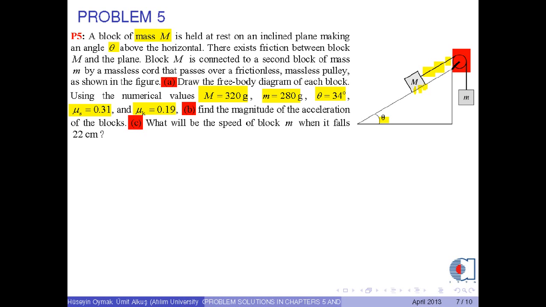Finally, in part C, we will find the speed of block M when it falls 22 cm.